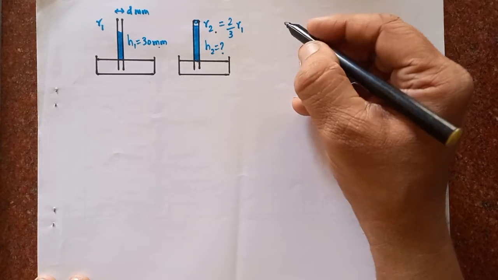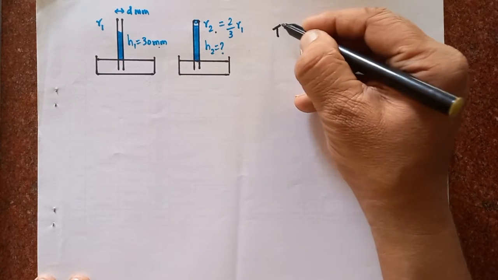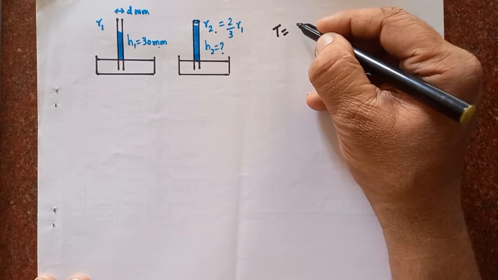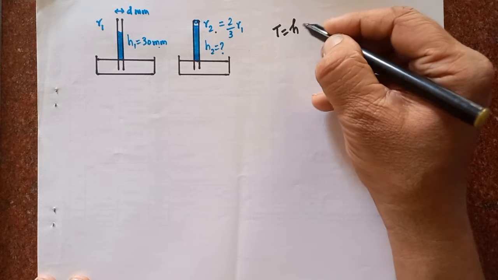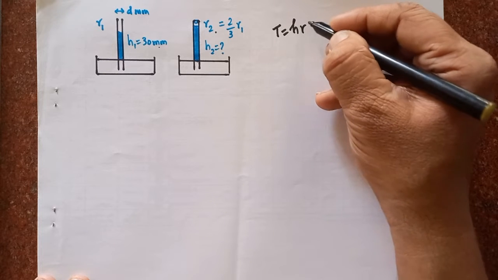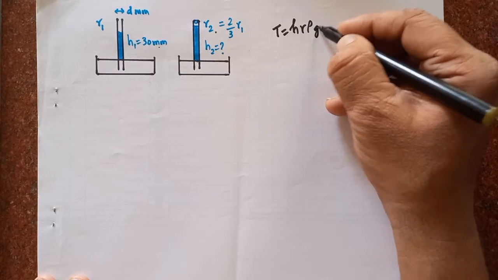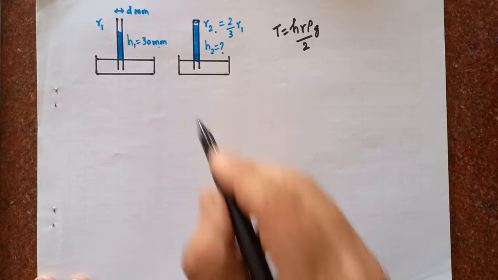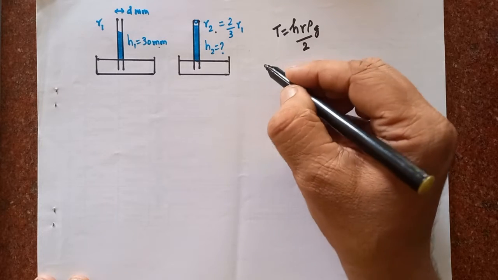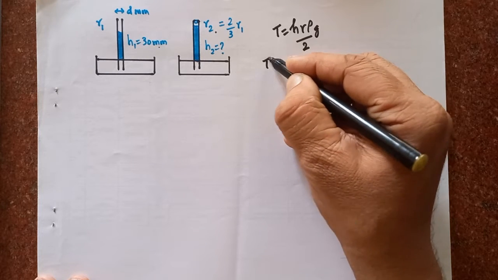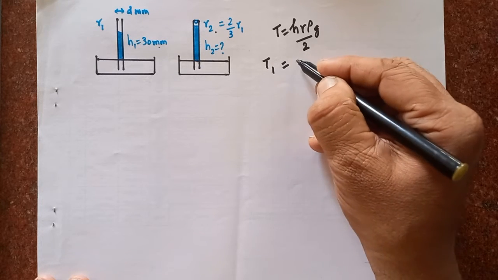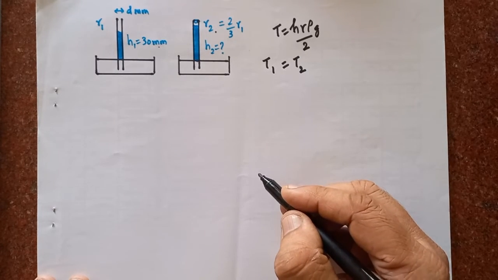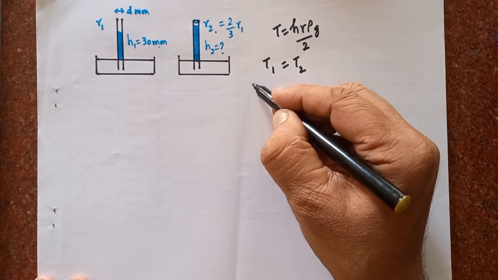So the surface tension basic formula is T is equal to surface tension by capillarity method. Therefrom we are able to get the formula as h r rho g by 2. In both cases the same kind of liquid is taken. Therefore surface tension in the first case and surface tension of the liquid in the second case both are same. Therefore this formula can be written here.